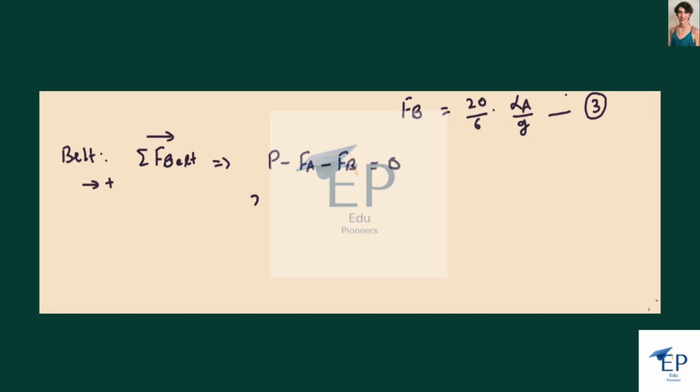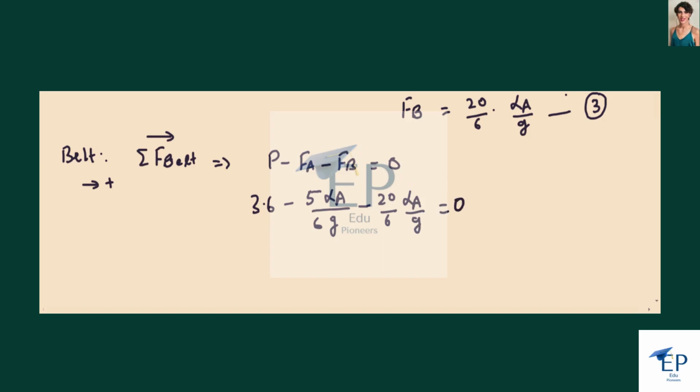P is given 3.6, Fa is 5 alpha A upon 6g, Fb we have found 20 by 6 alpha A upon g, is equal to 0.